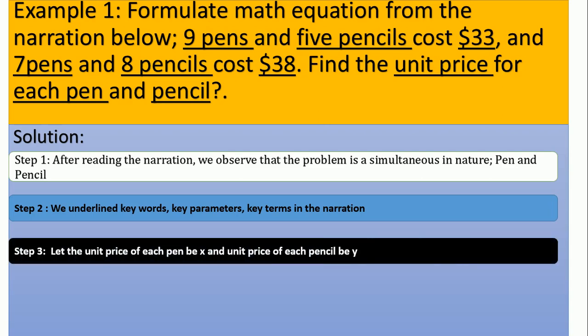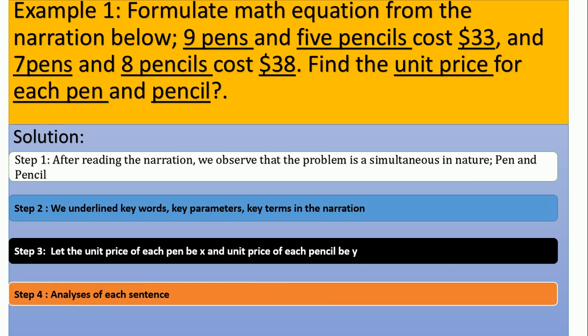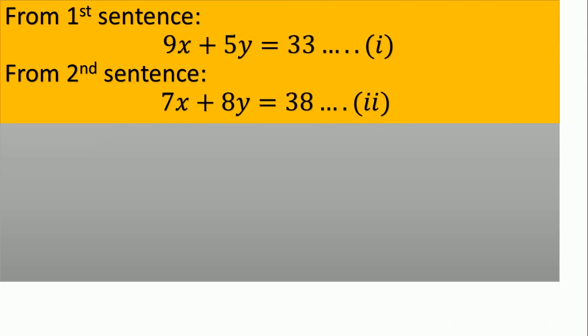Step 3. Let the unit price of each pen be x, because the unit price of pen and the unit price of pencil are the unknowns in this context. So the unit price of pen is represented with x, and the unit price of pencil is represented with y. Step 4. We analyze each sentence. From the first sentence, we realize that 9 pens and 5 pencils cost $33.